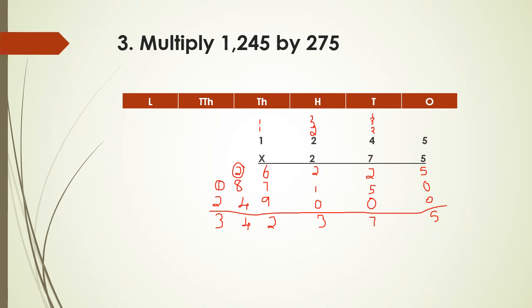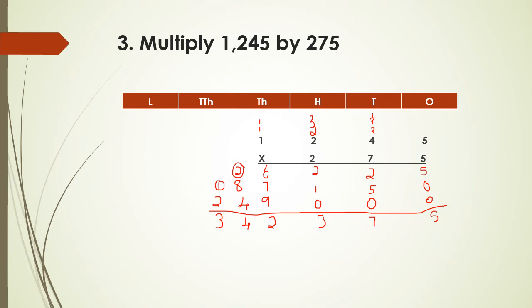So now you have to multiply the number 4 by 3. 4 digit by 3 digit. So you have to start from 5, that is the ones place. 5 times 5 is 25. 2 carry over.